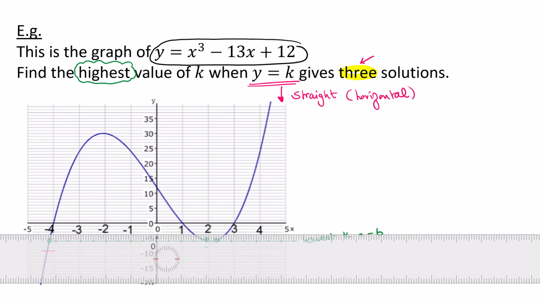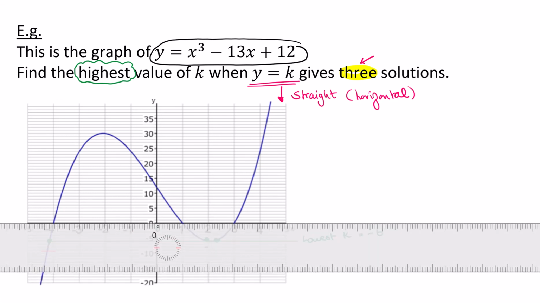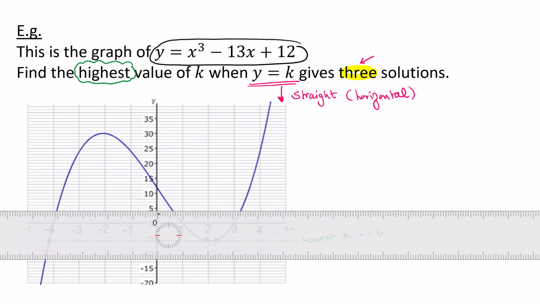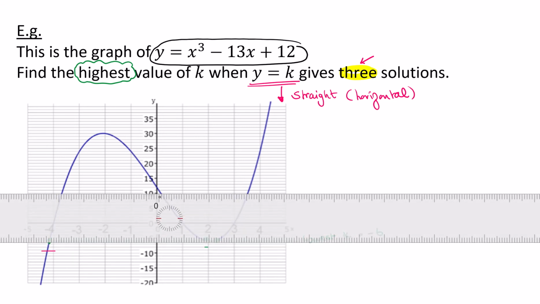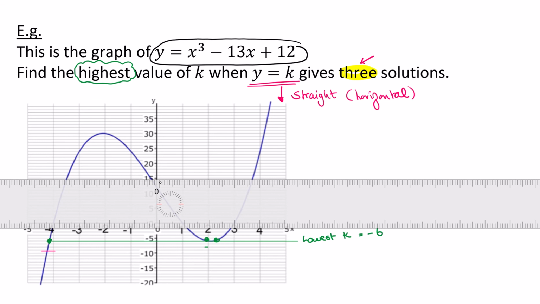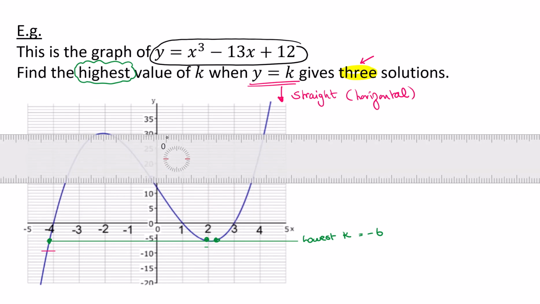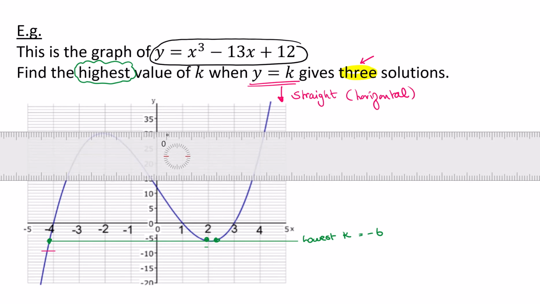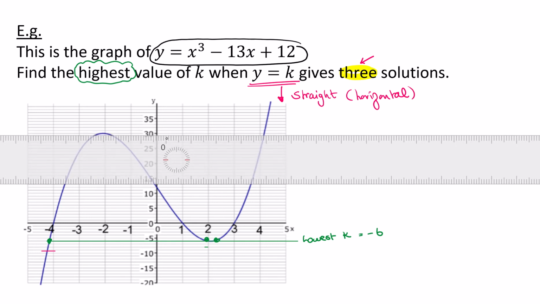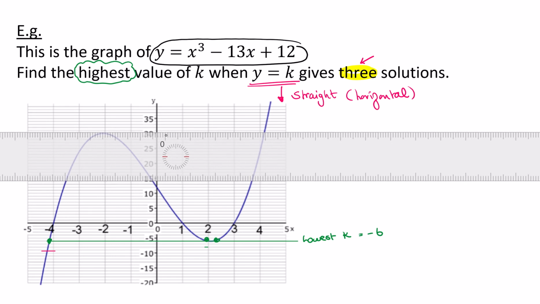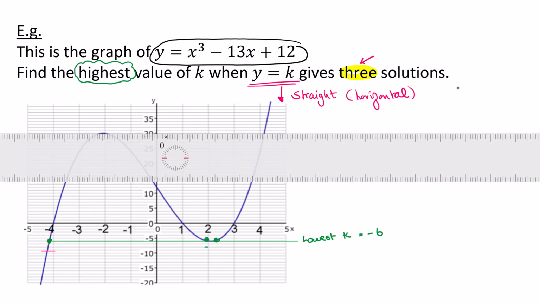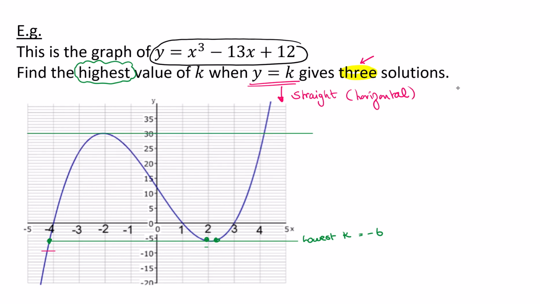So if you keep going up, it cuts it 3 times, cuts the graph in 3 different places, but it's not the highest value. So you keep going up until you get to the turning point. And at the turning point, y equals 30.